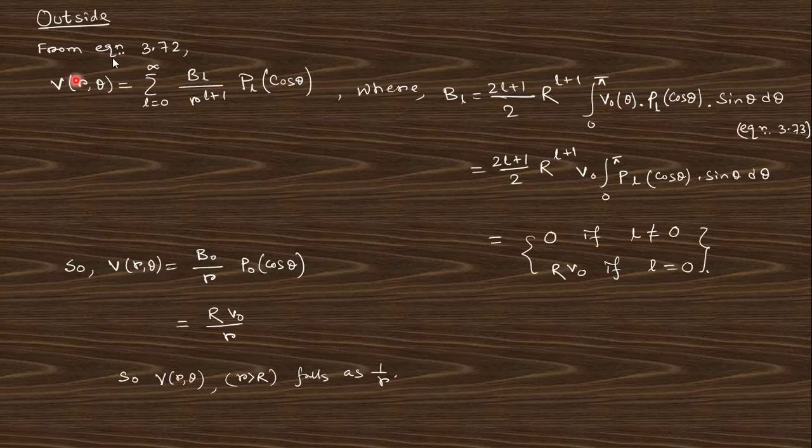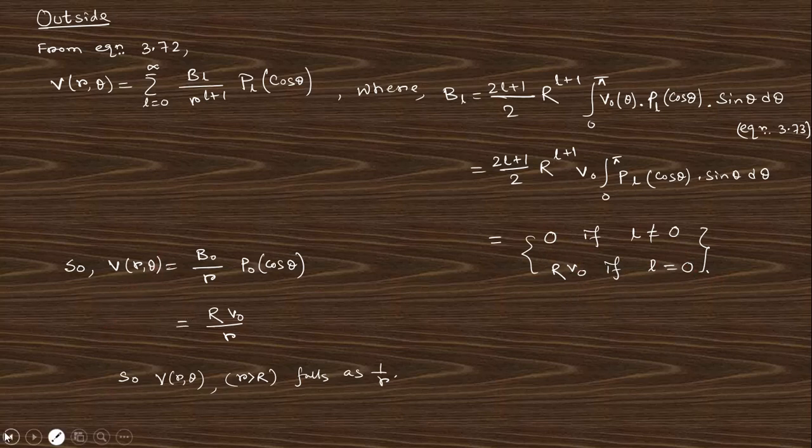In the case of outside, the potential expression will be like that, that is equation 3.72, where B_l equals nothing but this expression. This is actually A_l. You can also use this expression of A_l and you will find the same thing. So in the case l not equal to 0, this becomes 0. For l equals 0, it is R V0.